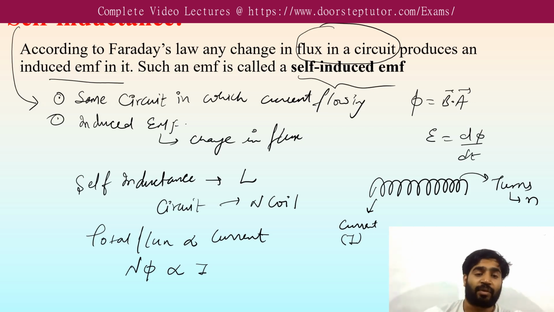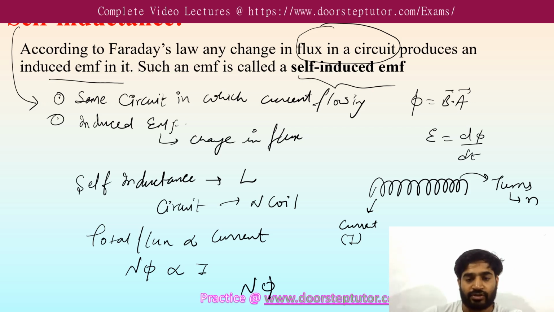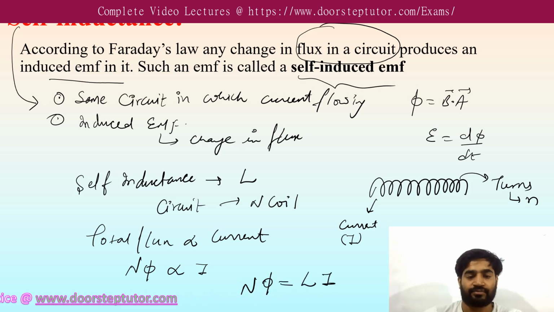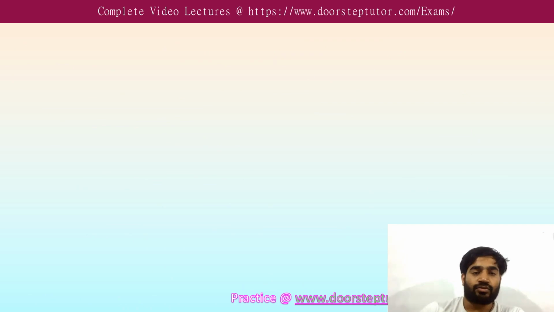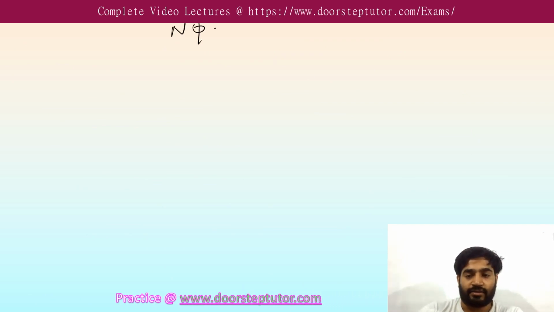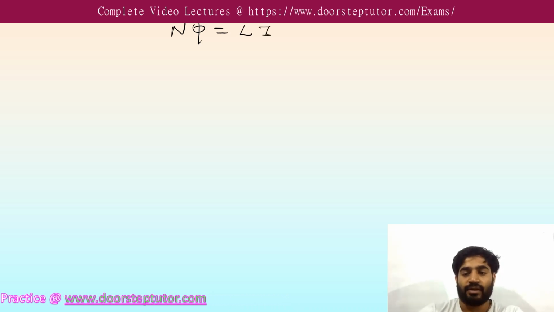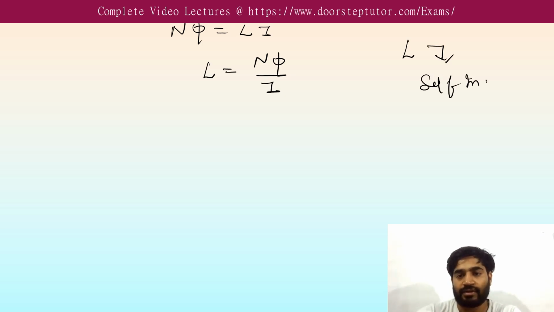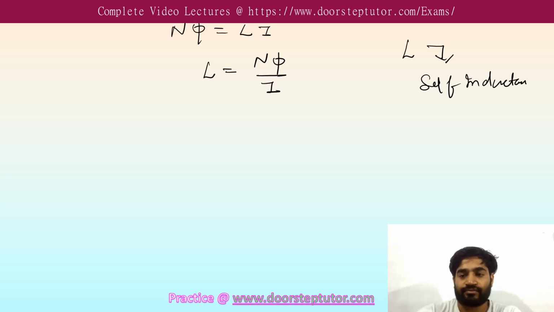Now when we remove the proportionality sign, we introduce a proportionality constant, so N phi equals L I. It means L is N phi by I. This L is called self-inductance.